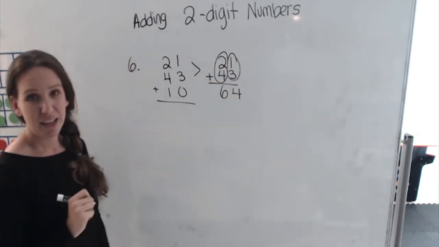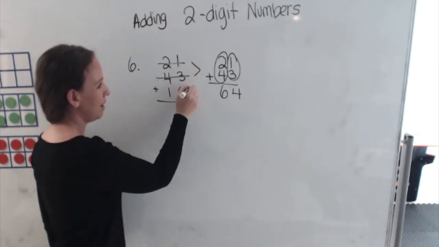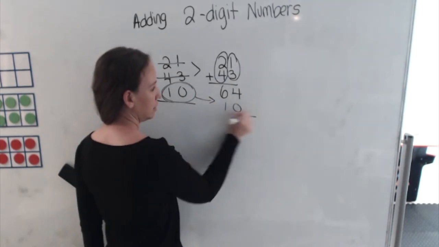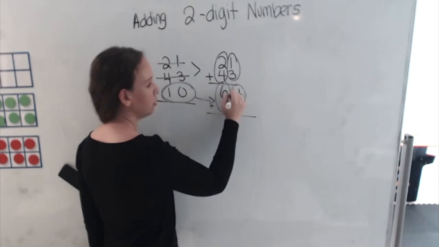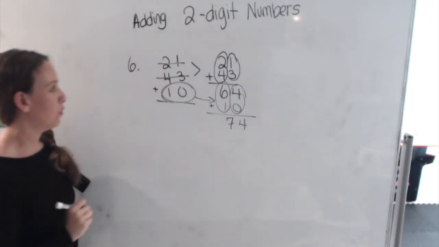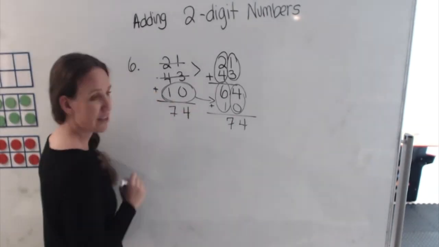Now, if you notice, I've done this number, I've done this number, but I didn't do that one. So I need to add it right there. And let's do the same thing just one more time. So that's 74. The sum of all 3 numbers is 74.